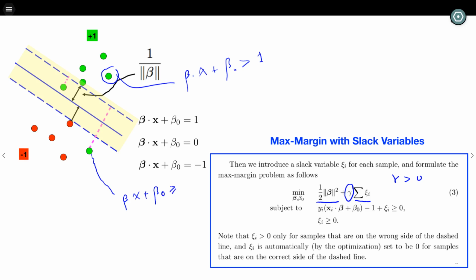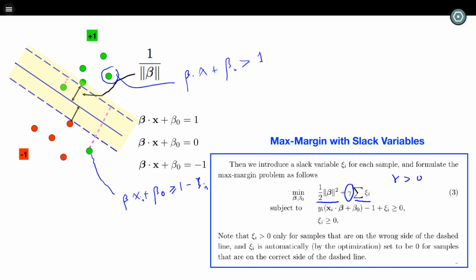But we are going to introduce some slack variables, meaning we relax this 1 and allow you to be just bigger than 1 minus psi i. So psi i is positive in this case. Of course, if psi gets large, it means you're further away from the correct dashed line, so you want to minimize those psi i's.